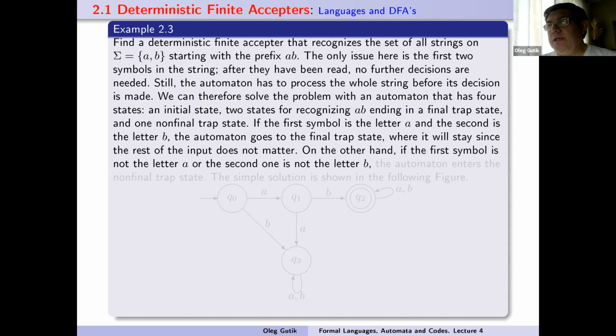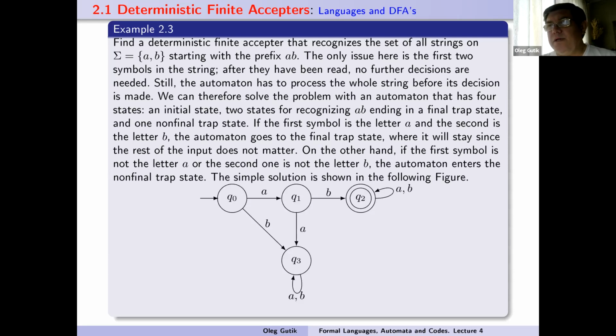On the other hand, if the first symbol is not the letter a or the second is not the letter b, the automaton enters the non-final trap state. This simple solution is shown in the following figure. Here the input state, the trap state, and the output state.